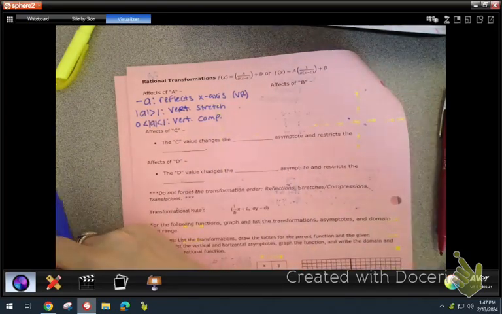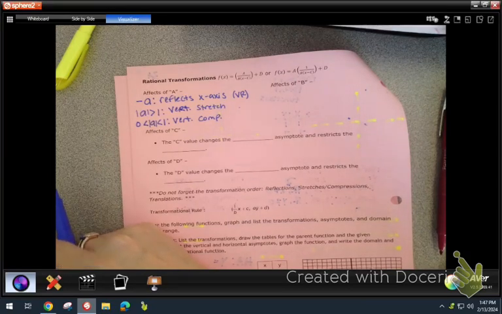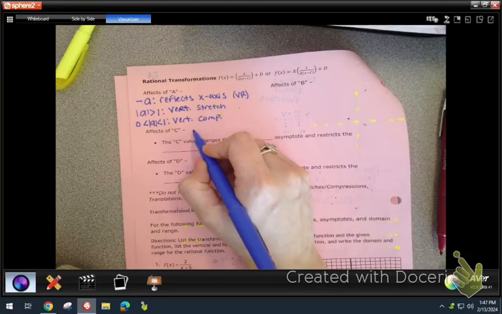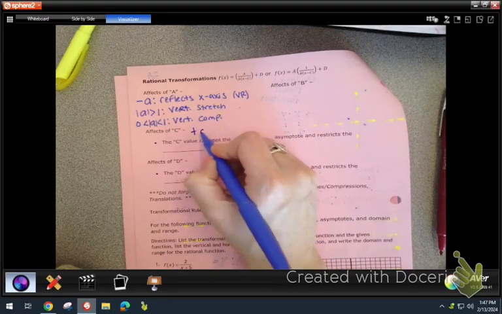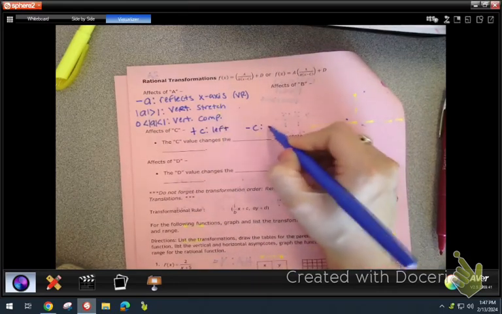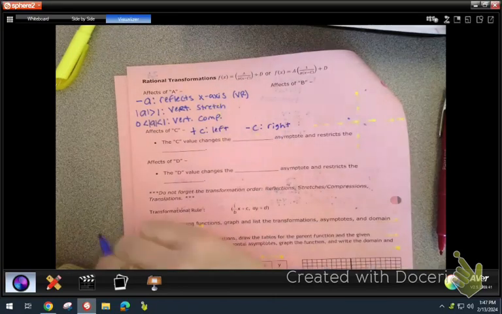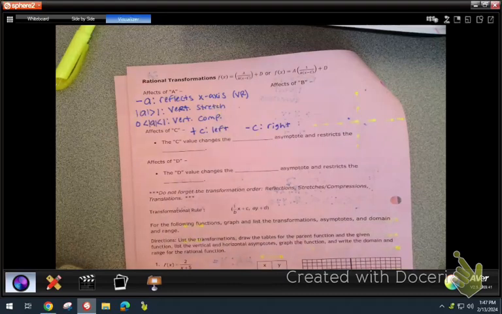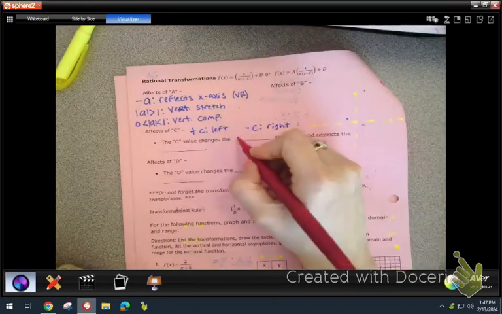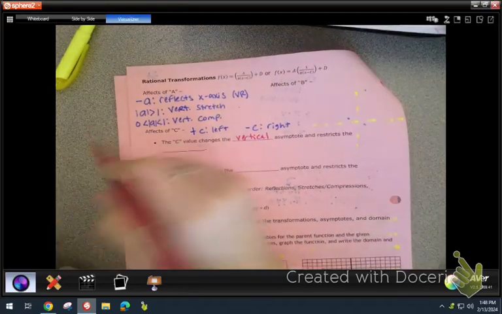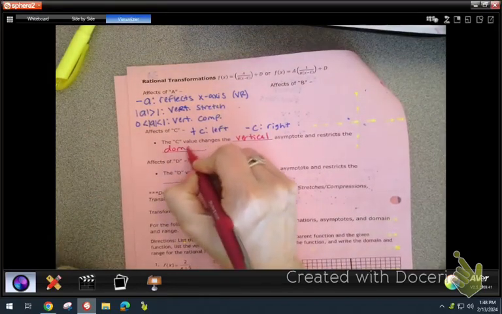What about C? Effects of the C value: left and right. If it goes to the left, what kind of sign's in front of it? A plus. Plus C means you move to the left. Minus C means you move to the right. Okay? Here's a big idea about the C value. The C value is going to change your vertical asymptote, and it's going to restrict your domain.